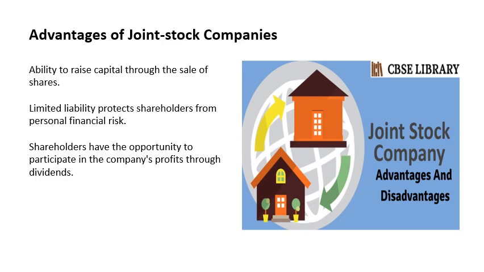If the company gets into trouble, they do not go into personal financial risk. So these are the best advantages for the shareholders. Shareholders have the opportunity to participate in the company's profit through dividends. They do not face much personal financial risk, but they enjoy the company profit through the dividends.